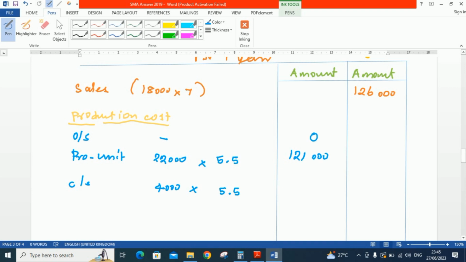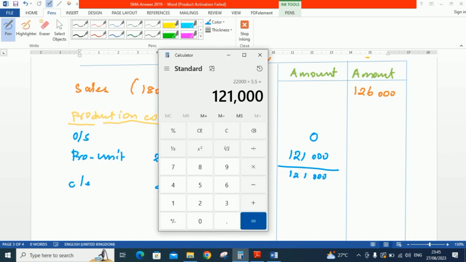Opening stock 0 and 4,000 into 5.5, 22,000.